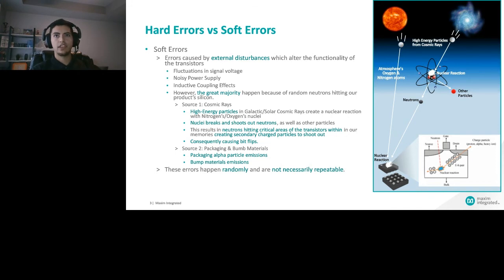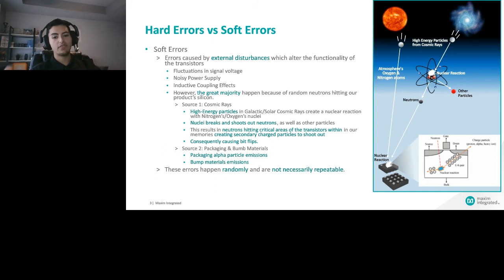These energy particles hit and interact with some of the oxygen and nitrogen atoms that we have in our atmosphere. After a nuclear reaction happens with those atoms, it shoots out new neutrons that then hit our silicon. What I mean by domino effect is that there's a second nuclear reaction happening within our silicon, which causes our silicon atoms to shoot out different particles.